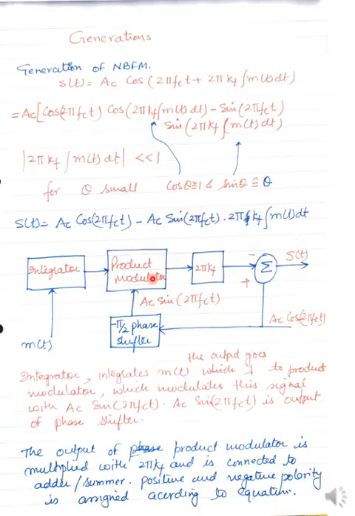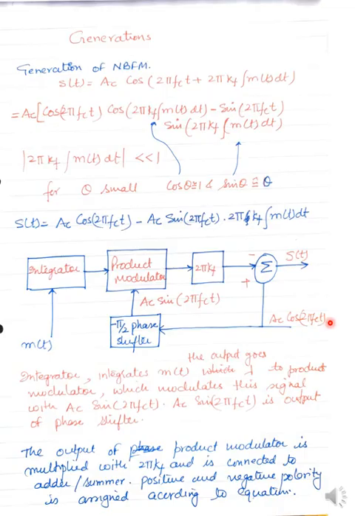They go into the product modulator, and the output of this product modulator is multiplied by 2π kf. Using the output generated by the local oscillator again and the output coming from this block, we use a plus sign here and a minus sign here to generate this equation, which is equal to s(t).